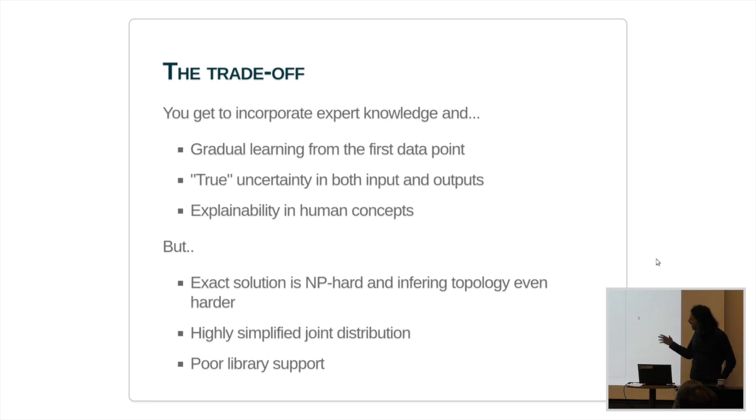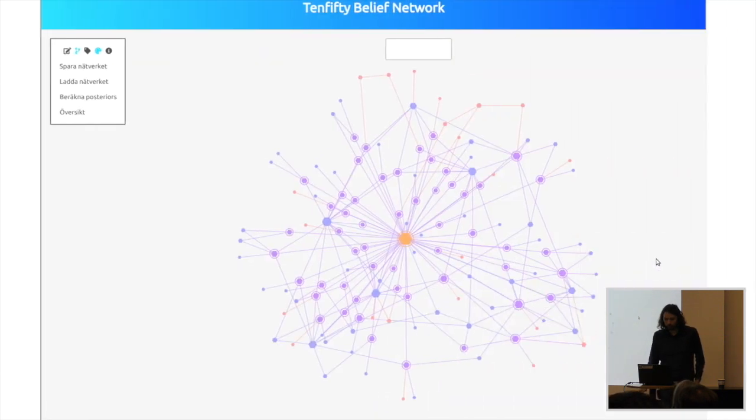And the library support is surprisingly poor. So this is just quickly, this is a real network. I'm not going to show you what each label is, but what we have here is risk factors, the orange thingies.